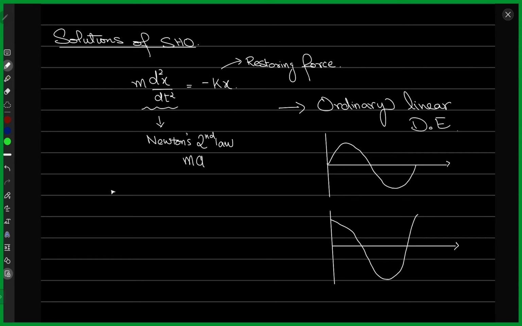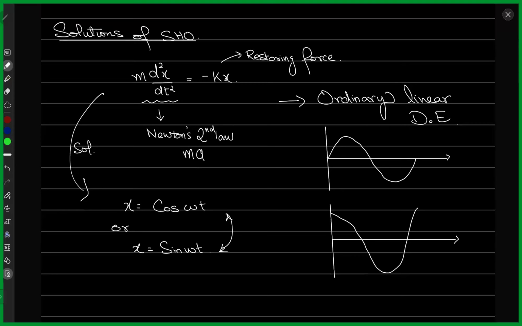The solution to this equation, where k is a constant that depends on omega, is x equals cos omega t, or it could be x equals sine omega t. Either of these two solutions will work for this equation.